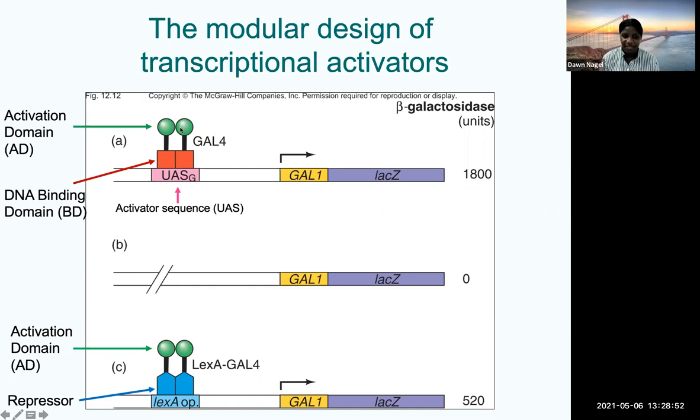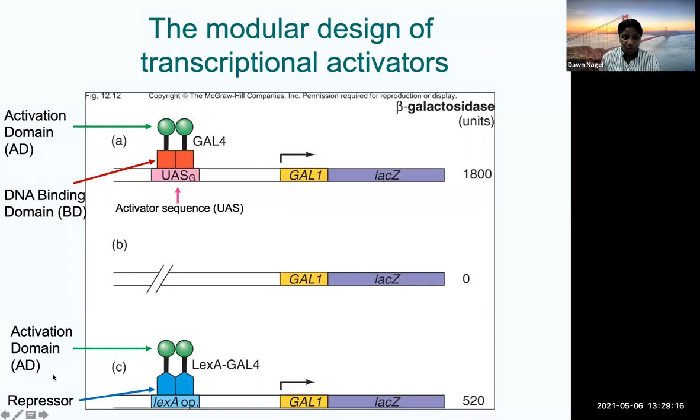When this transcription activator is present, you have high levels of beta-galactosidase, right? So 1800, that's the units, that's how much beta-galactosidase you have. You remove this sequence, this transcription activator cannot bind, and you don't have any transcription. It's just not going to happen.